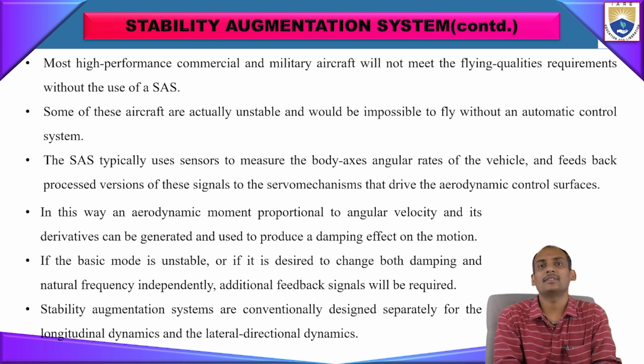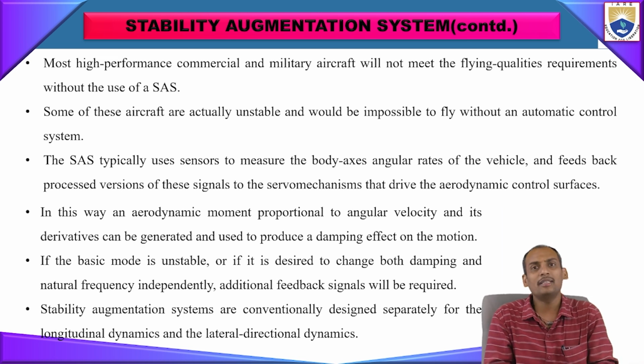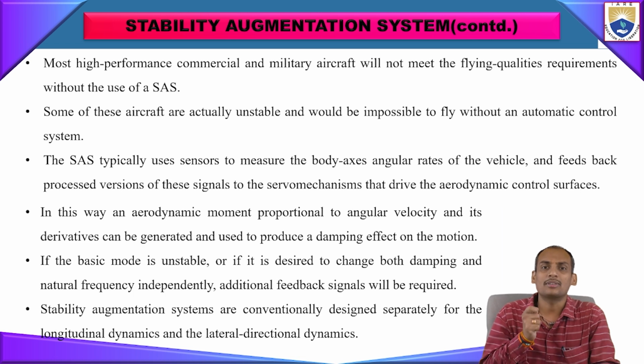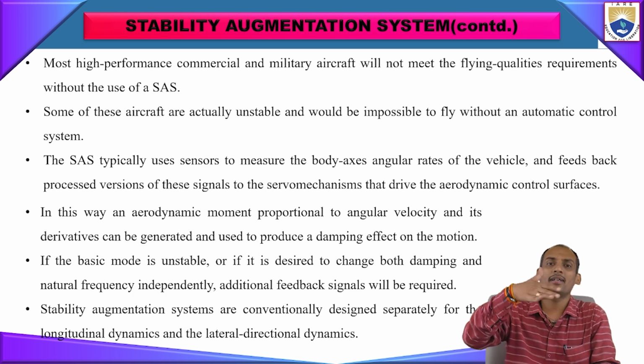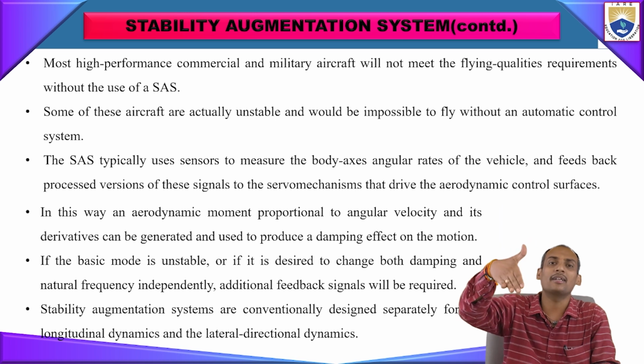Generally, if the mode shape is unstable, or if it is desired to change both damping and natural frequency independently, then additional feedback signals are required. Whenever we give a control input to that control system, it will move, so the whole aircraft will go to some unstable condition.